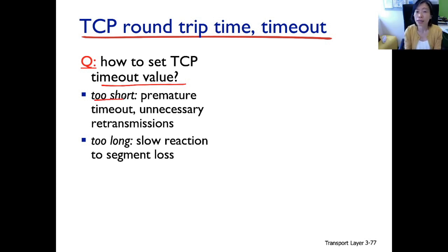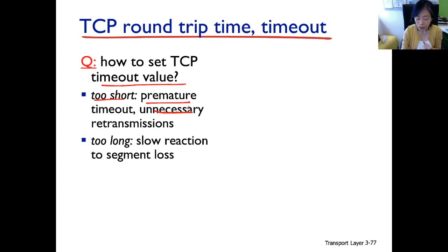We know already from some earlier example, if that timer is set too short, a packet can sometimes travel the internet a bit longer than usual. If the timer expires and retransmits right before the ACK arrives back, then this retransmission is unnecessary and premature. That is not a good thing in terms of bandwidth consumption.